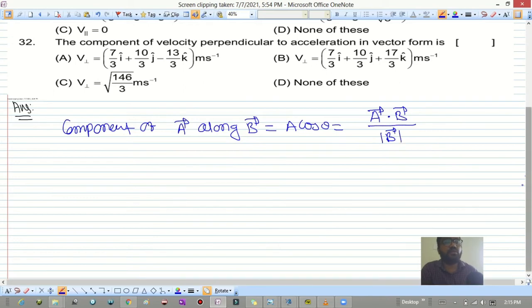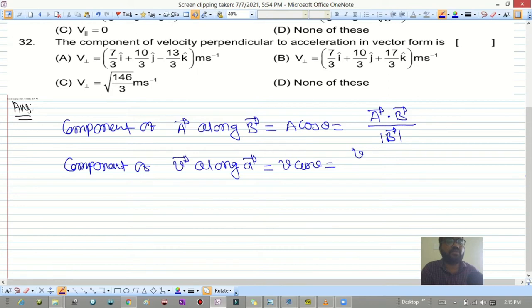So we want over here the component of velocity along acceleration. So can we write this as v cos theta, which is v bar dot acceleration bar divided by magnitude of acceleration. So take a dot product of velocity and acceleration.